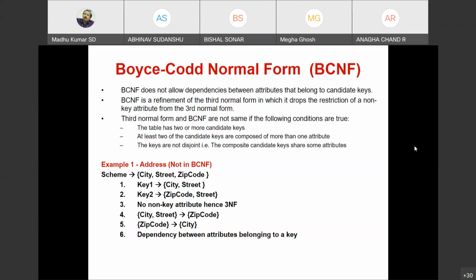What is the duplication coming here? Chetana? Absent. Damira. Damira Tarun.